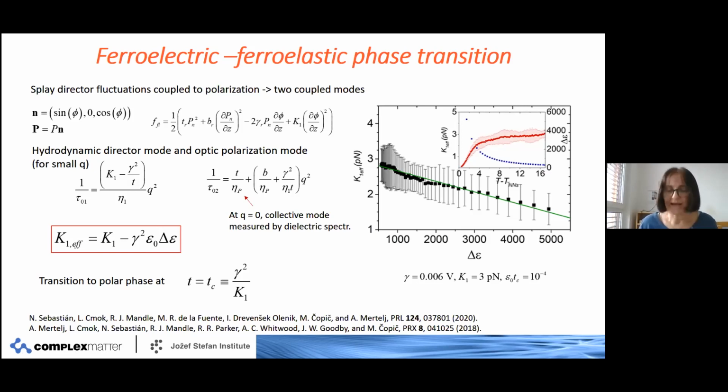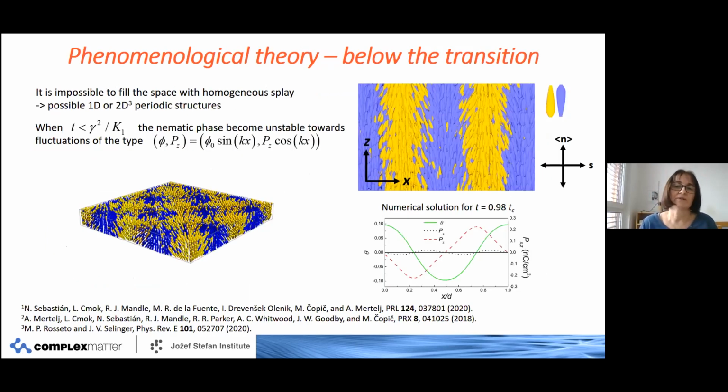So what will happen then? First, let's have a look at what the theory can predict. Obviously one solution would be a splay-like structure. And indeed, we can calculate it, analytically but also numerically.